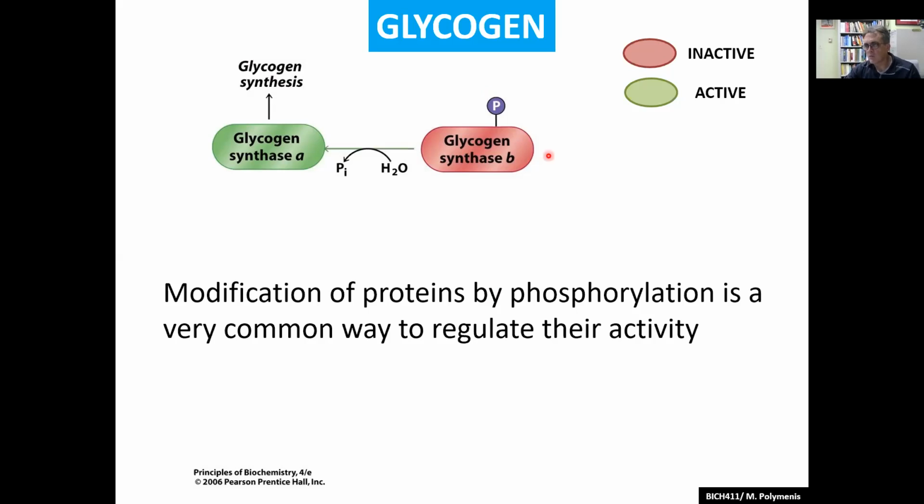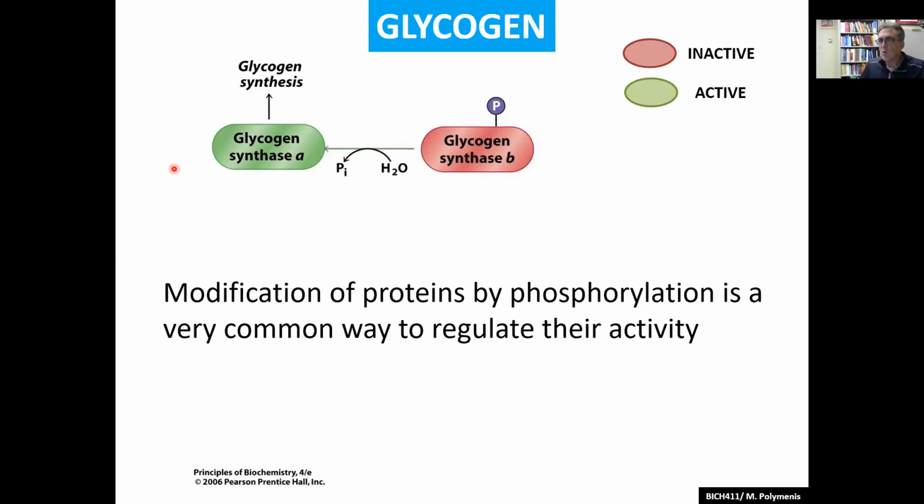So here, for example, for glycogen synthase. So it's very common. How many proteins are modified? About a third of the human proteome actually is modified in this way by phosphorylation. So it's fair to say that life as we know it depends on phosphorylation.